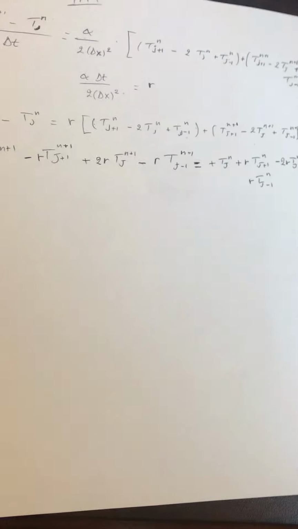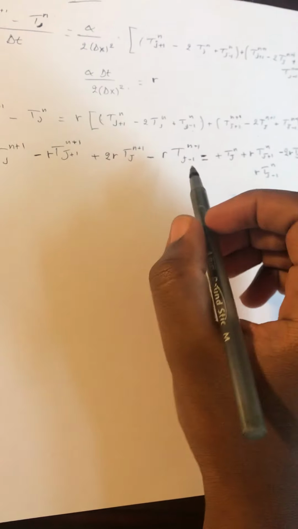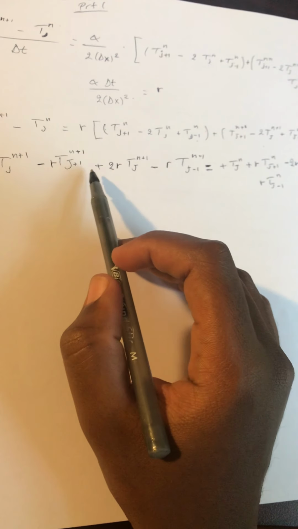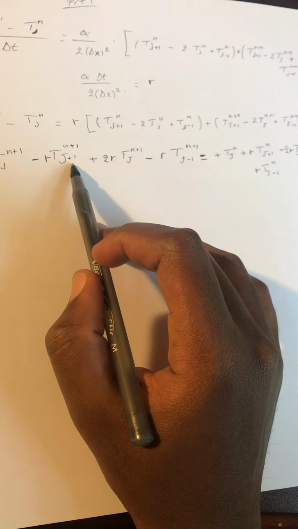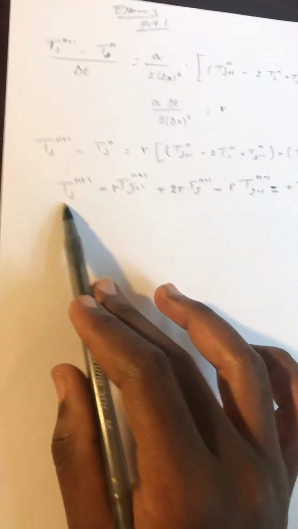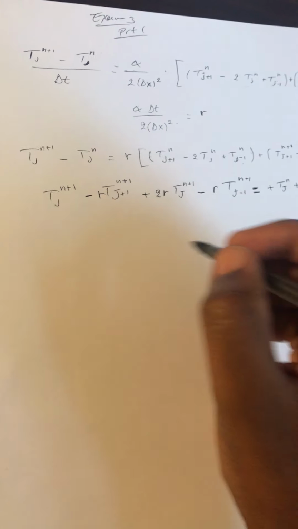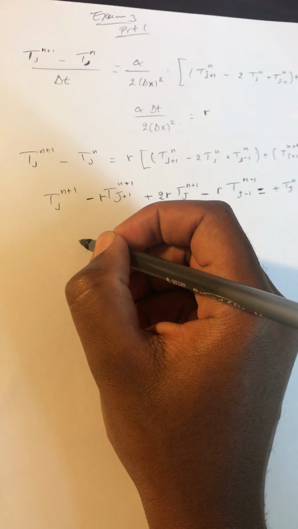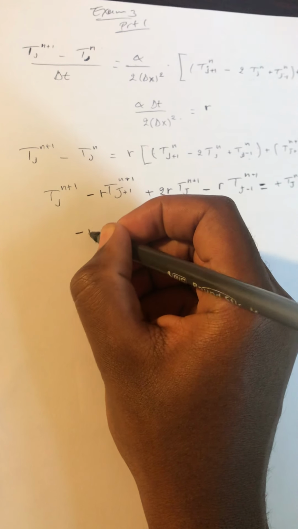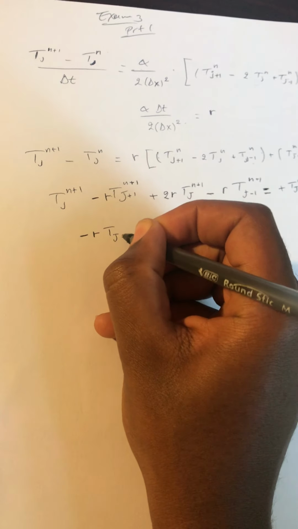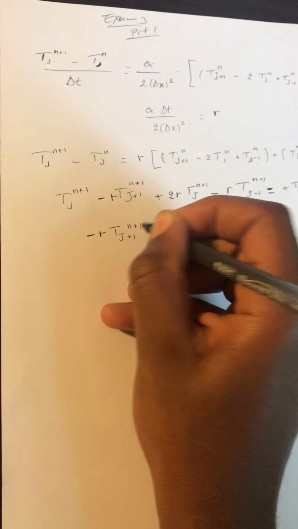So when we do that, we see that we're gonna combine the T j's for this one. And so when we do that, we get something like minus r T j plus 1 at n plus 1.